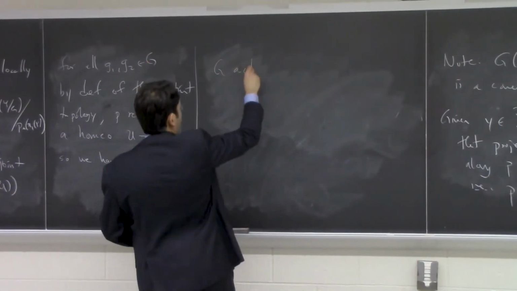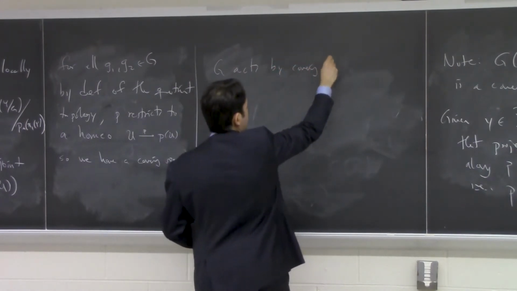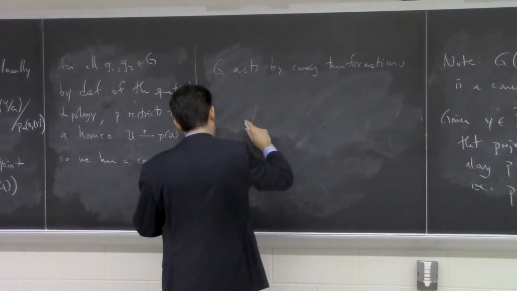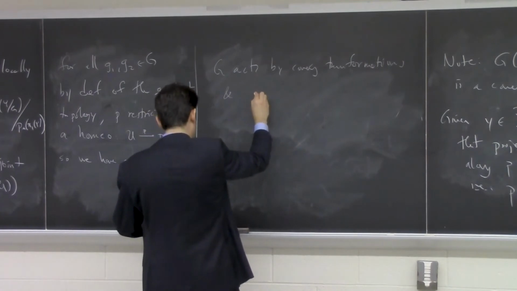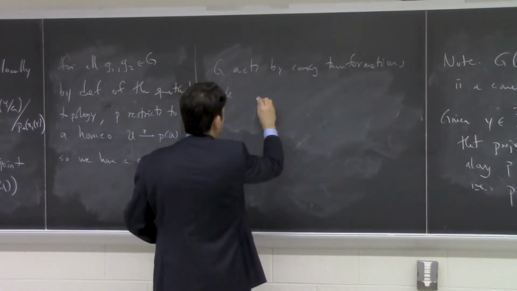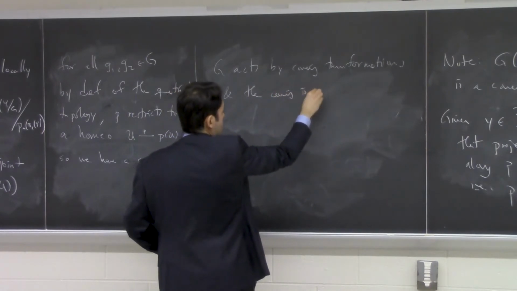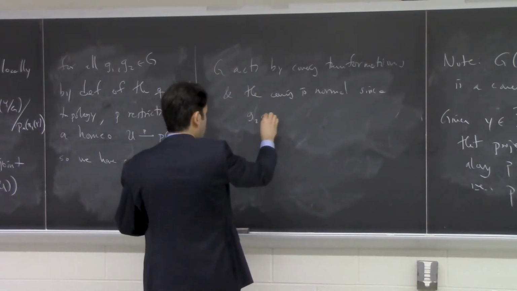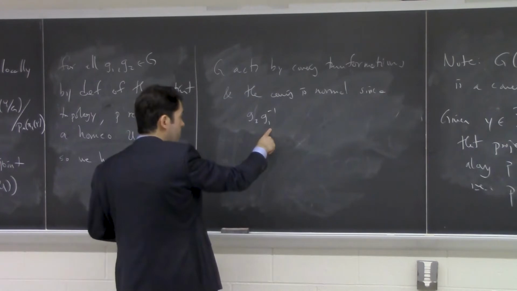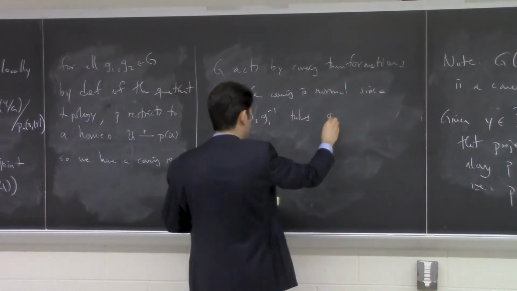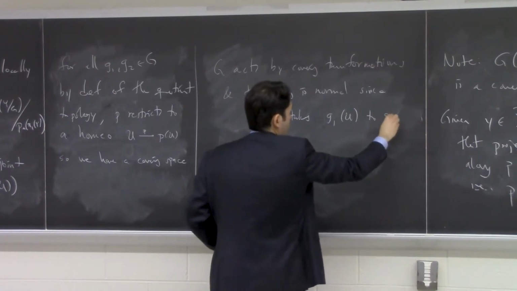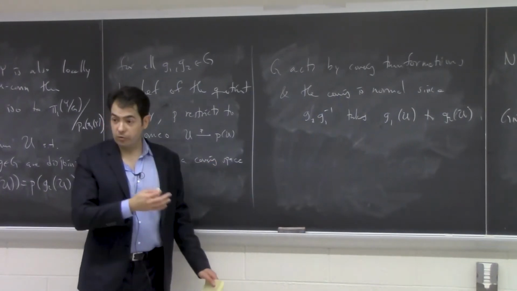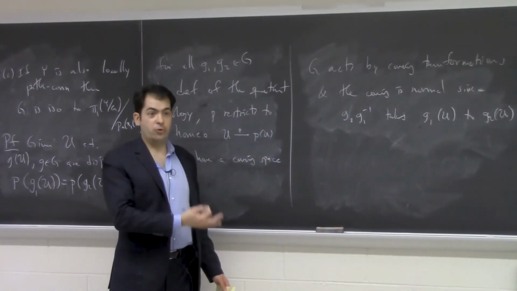Okay, so G clearly acts by covering transformations. And the covering is normal, since if you act by G2 times G1 inverse, this takes G1 of U to G2 of U. Remember that to check whether a covering is normal, we have two ways: you can check geometrically or you can check algebraically.